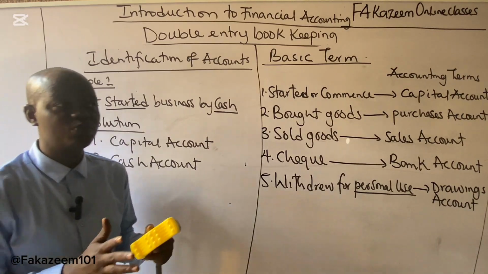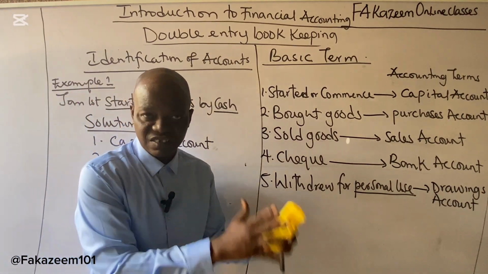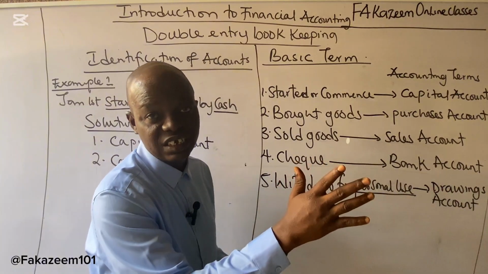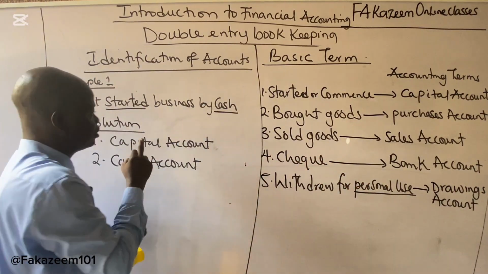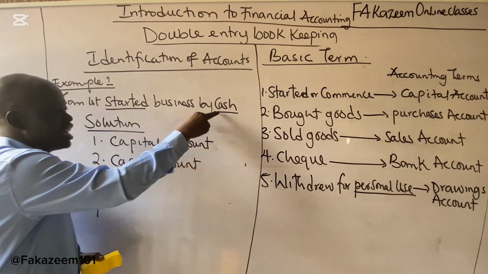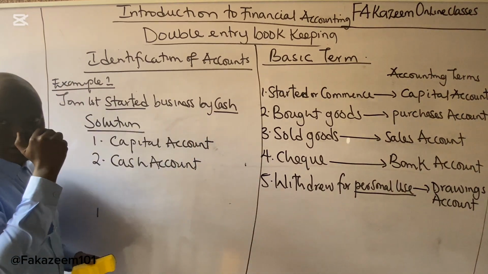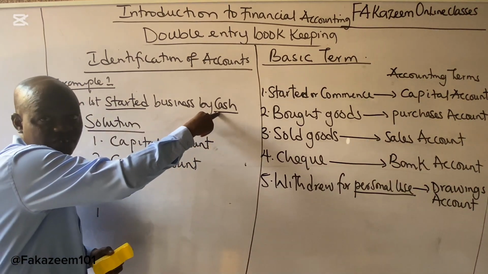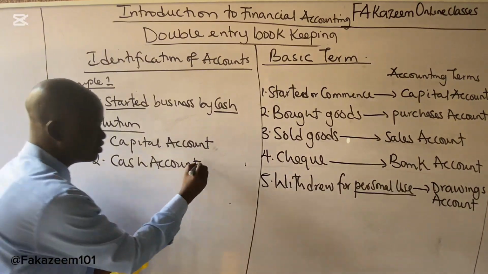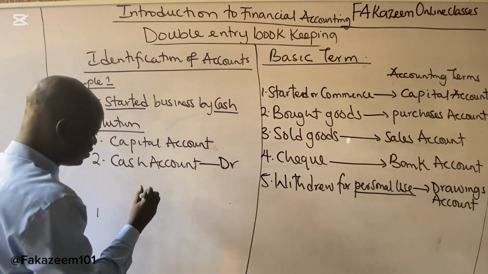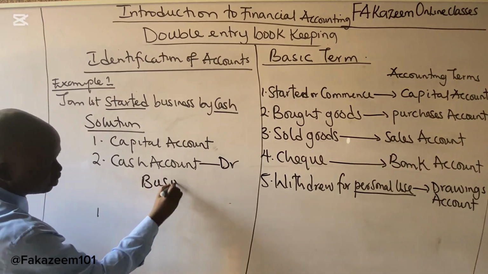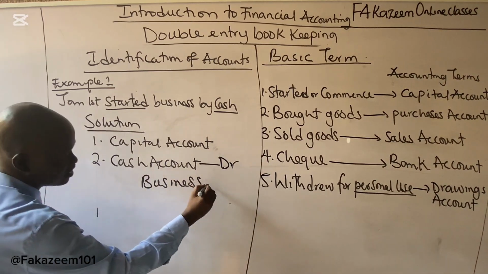That transaction should be clearly recorded for the business and not for the owner of the business. It means if you have started business by cash, who introduced this cash into the business is the owner. It means what the business receives is the cash. In that case, the cash will be debited, which means that is what the business receives. Let's look at it this way. This is the business entity.